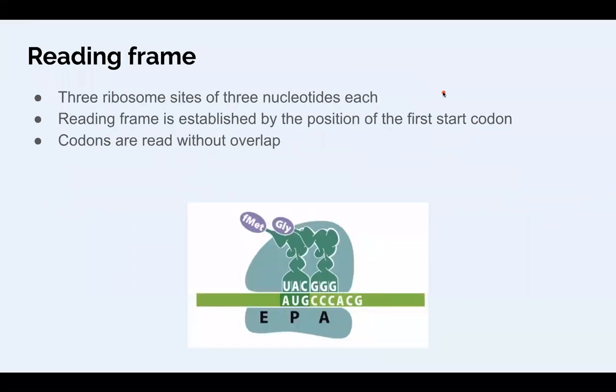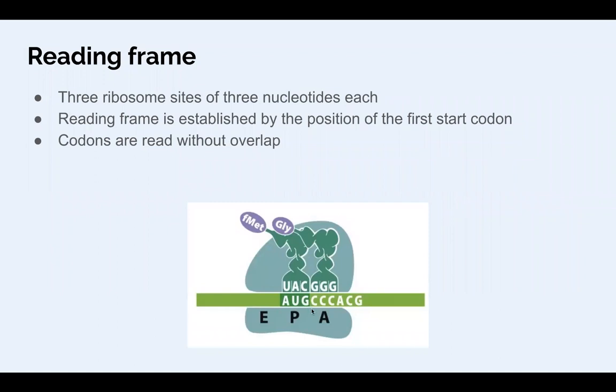Okay, so once translation starts, the start codon here, AUG, then it continues going toward the 3' direction on the mRNA molecule. Don't worry about these E, P, and A letters. I don't think that's so vital for our class. But it starts with methionine, and then the next 3 letters.